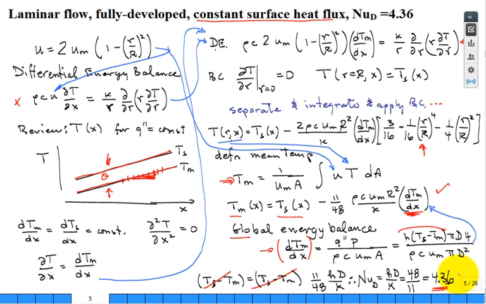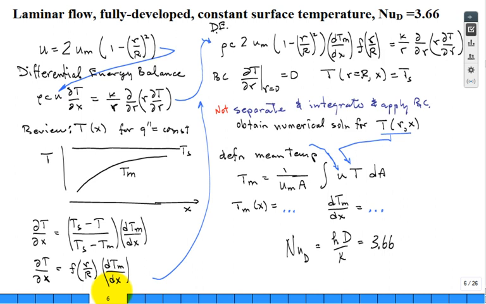Oh, wall temperature. And so here's the second case. Same differential equation, same velocity. I have the same boundary conditions, but the temperature is a function of x, like this, and dT_m/dx is not a constant.